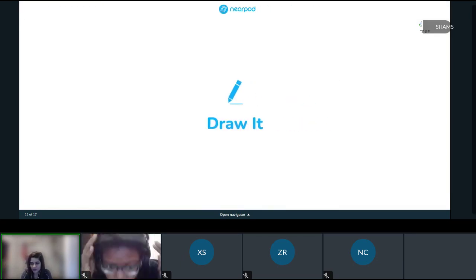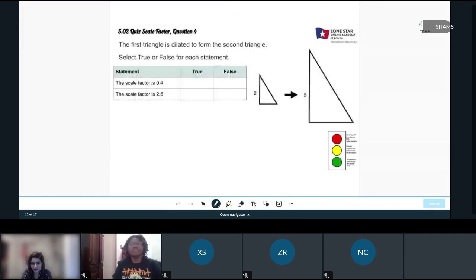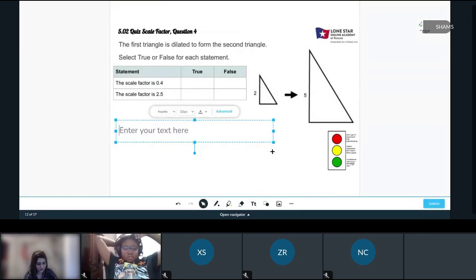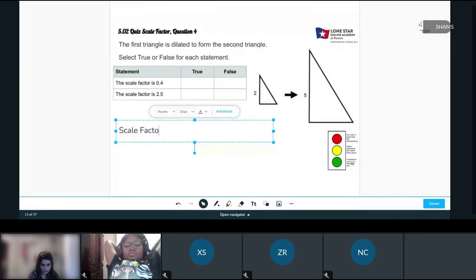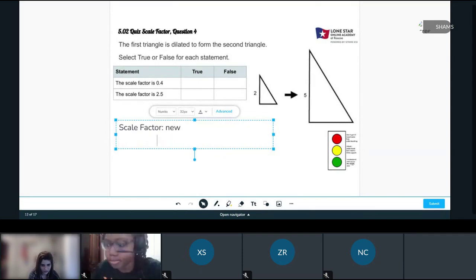Here's question 4, variety 1. We want to find scale factor. So let's go ahead and find scale factor. Scale factor, you do the ratio of new to old.